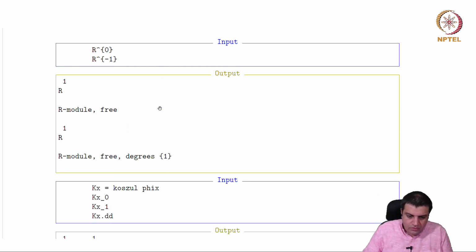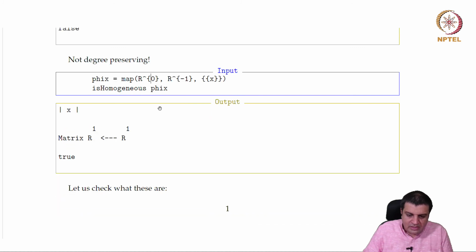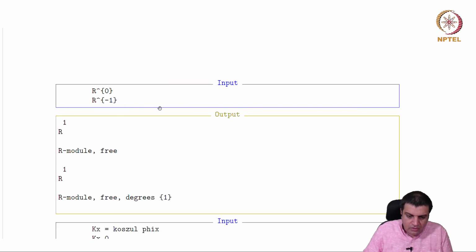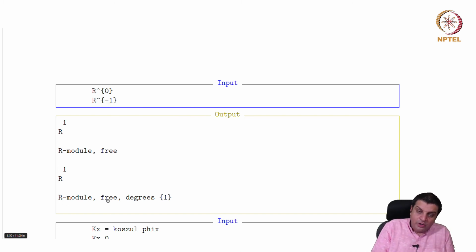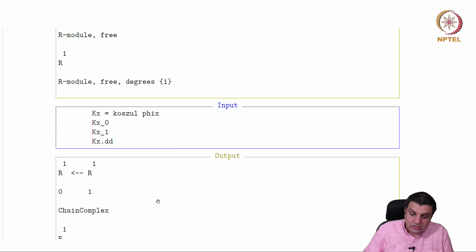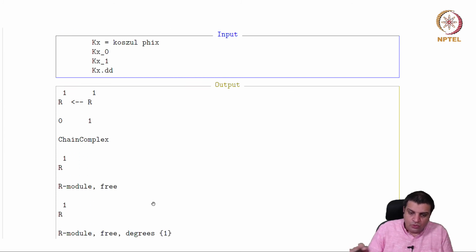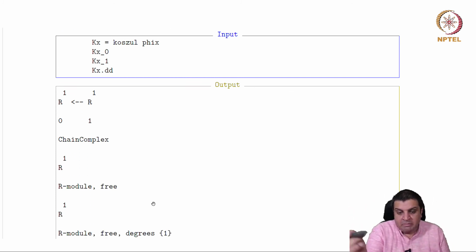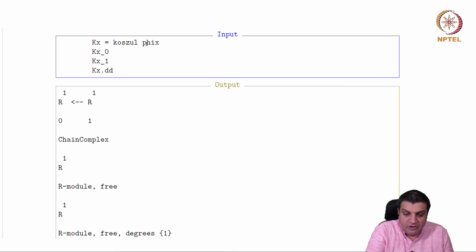Yeah, so let's just ask what these things are. R0 is just an R module, free. R minus 1 is an R module, free, the generator degree is 1. We ask Macaulay to construct the Koszul complex. So Koszul complex is asked for a map. So Koszul of phi of x was that multiplication by x. So we call it kx. Okay.